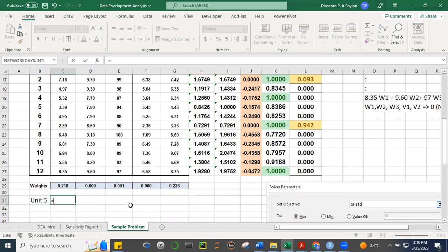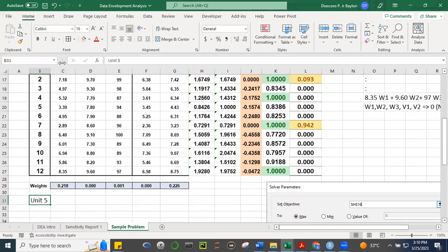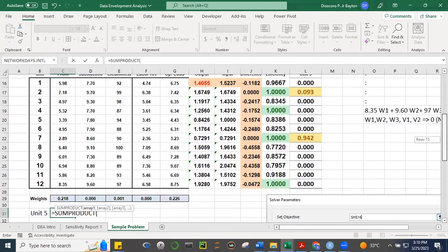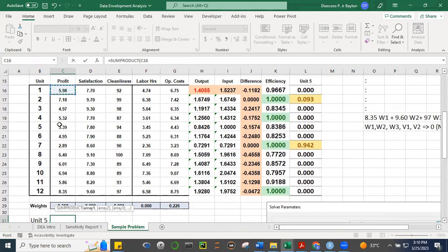So this is equal to the sum product. Sum product of the profit array with this one.